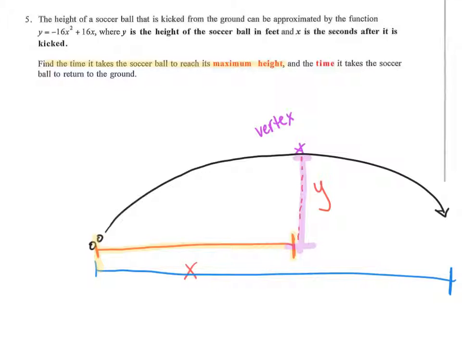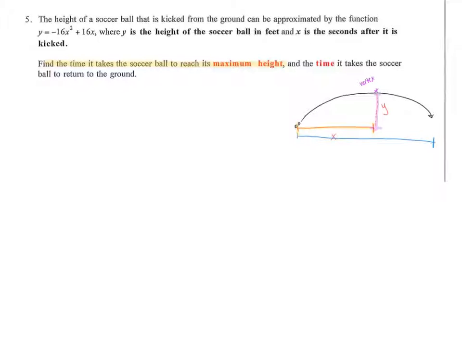So if I look at this, I know that the equation I'm being given is this one. I am really being asked to find the x value of the vertex. That x value of the vertex is the axis of symmetry's function. Remember, the axis of symmetry is that vertical line that cuts that parabola in half.